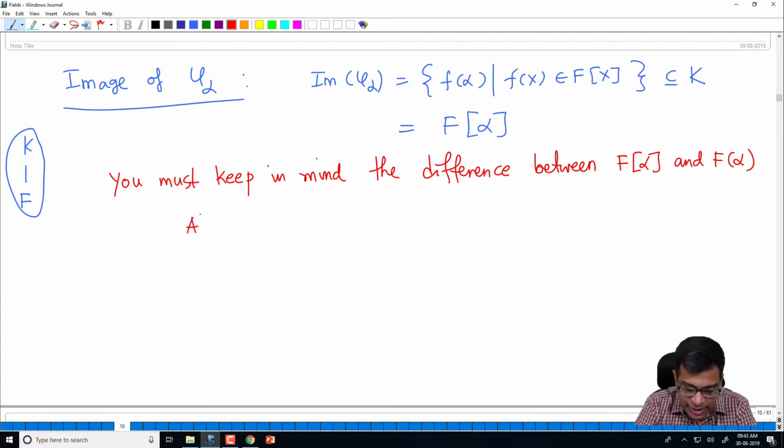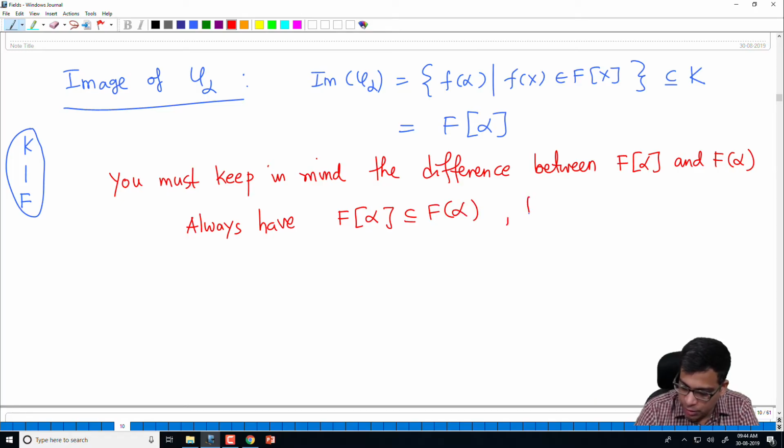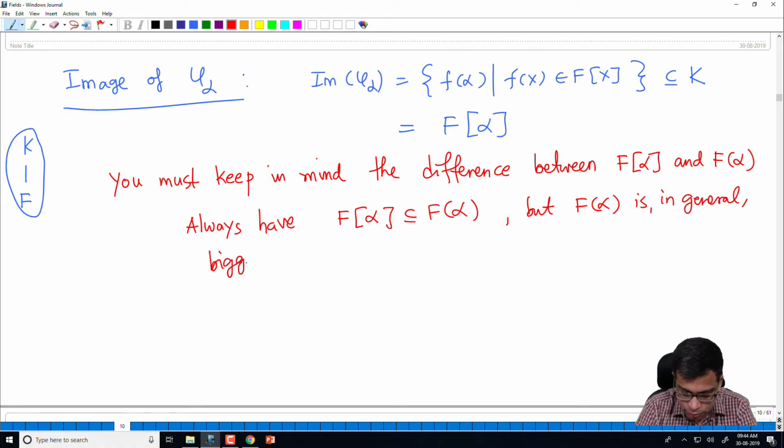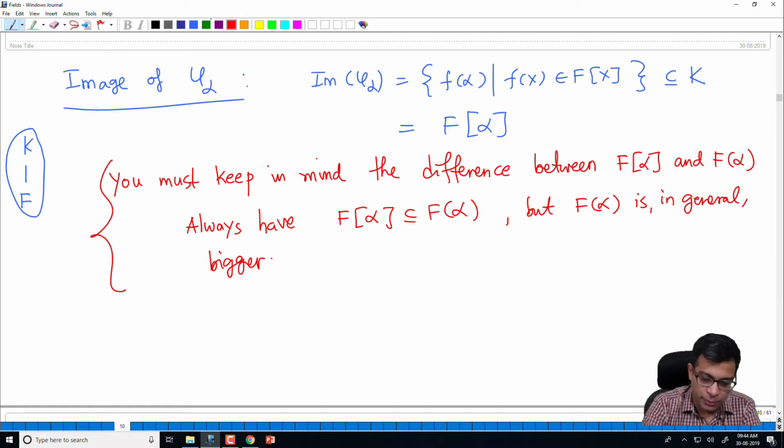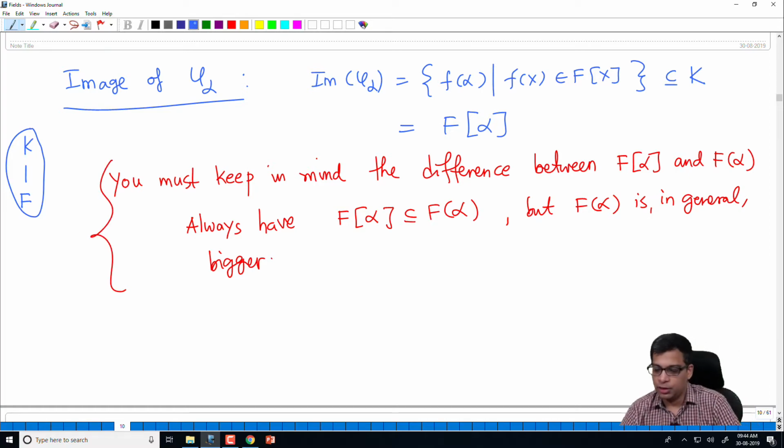So we always have F square bracket alpha contained in F round bracket alpha, but F round bracket alpha is in general bigger. So this is the important remark that I want you to keep in mind. In general it's bigger. What makes it tricky is that many times it is actually equal, that we will come to in a minute, but in general it is bigger.